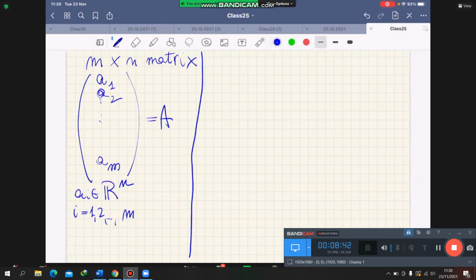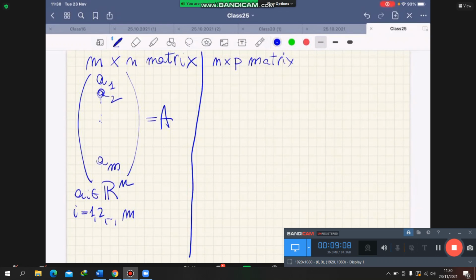And then here on the right, we have an n by p matrix. Instead of representing it through its row vectors, we represent it through its column vectors.